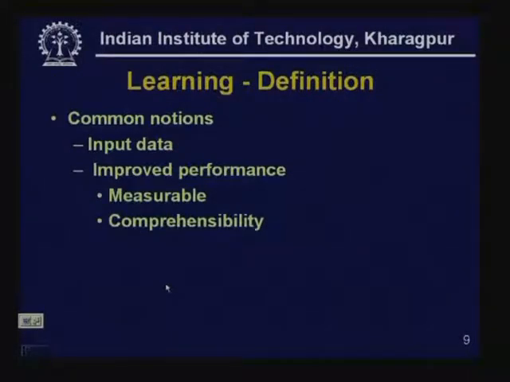So, we see that there are several other definitions by different other practitioners in the field, but we see that this type of learning mainly talks about there being some input data or experience from which the system learns, and the system tries to improve its performance, and this improvement in performance must be measurable in some way.